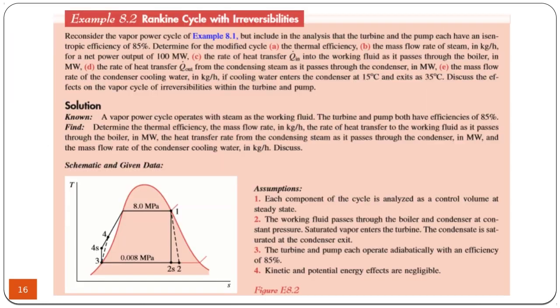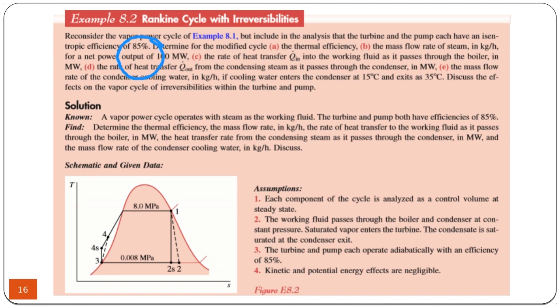So here there is an example of this. The pump and turbine are not isentropic, so you may be given the isentropic efficiencies for both pump and turbine.